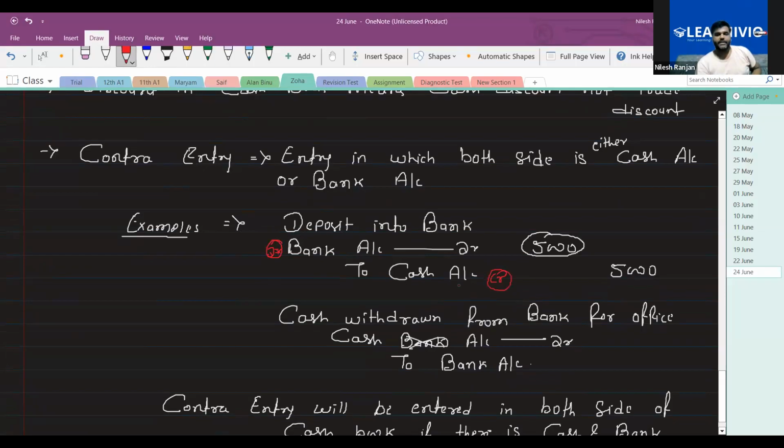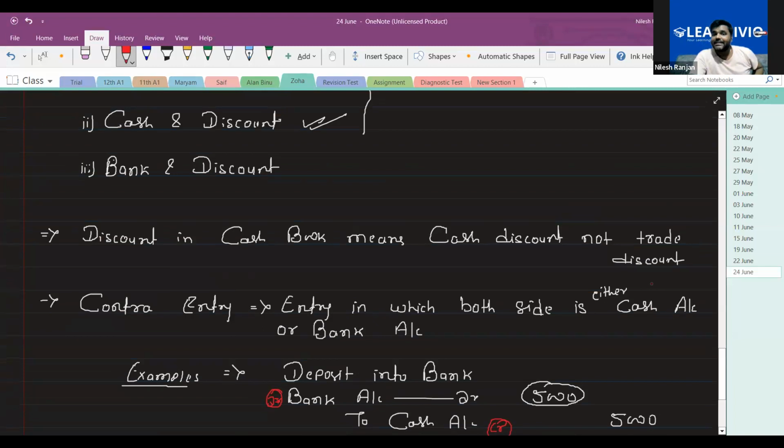So first, you have to write the amount. If bank is on the debit side, then the amount will be written in the bank column on the debit side. And if cash is on the credit side, then this amount will go in the cash column on the credit side.